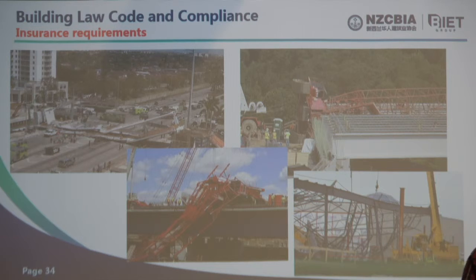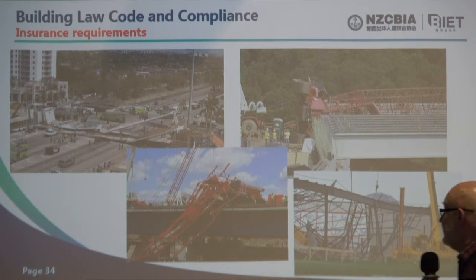Remember that when you're building a building, it gets progressively stronger as you add more and more structure. So when you start, it doesn't have the design strength of the final structure. And we use temporary work or false work to hold it up.